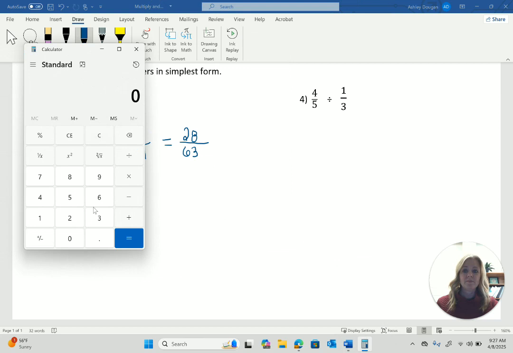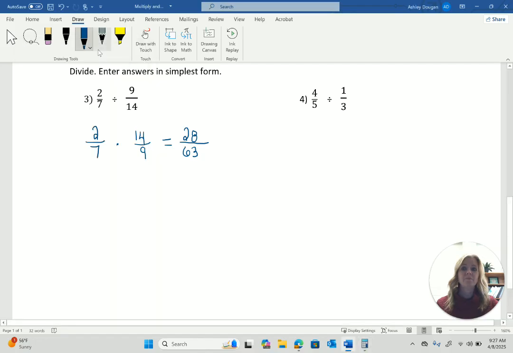So let's say 28 divided by 7 gives us 4. So 7 works for 28. Let's see if 7 will also work for 63. It does. I can simplify both of these numbers by 7.